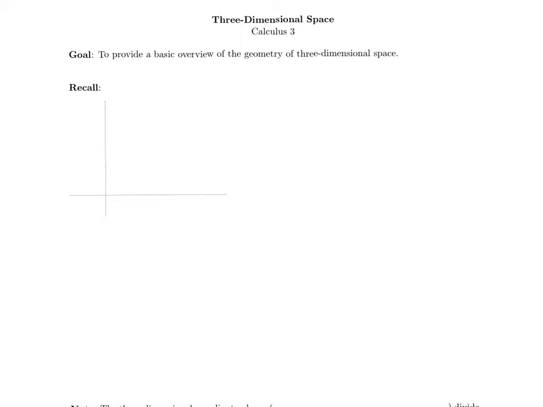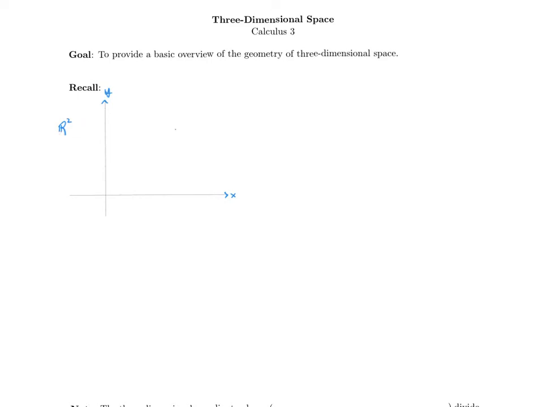So in two-dimensional space, we have this plane determined by an x-axis and a y-axis. And we often refer to this as R2, where we use this fancy script R, and it's supposed to indicate two-dimensional real space.